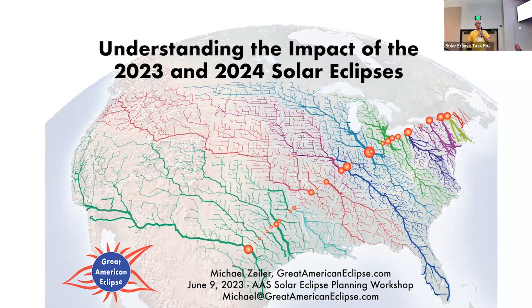The second assumption was that you would drive the shortest path to the eclipse. I know some people may not drive quite the shortest, but on average, it all averages out, I think.